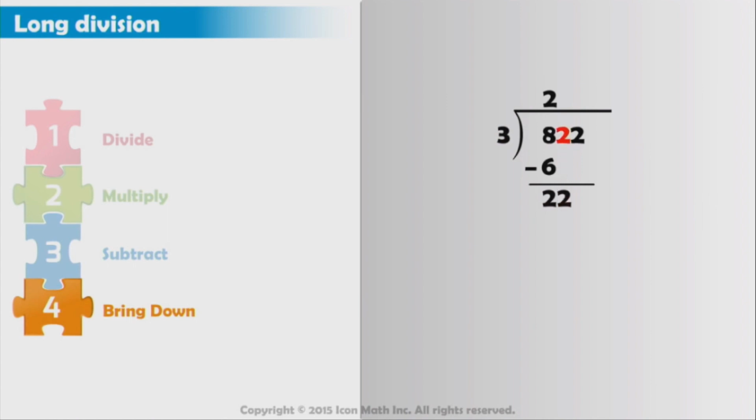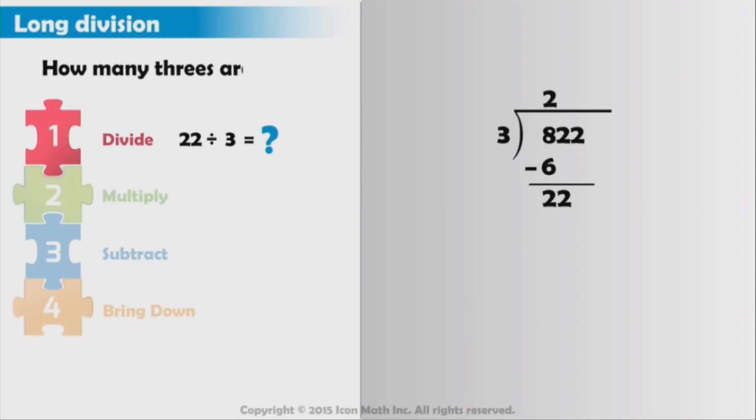Bring down the 2. So now we have 22, and we use it as the new dividend. We repeat the 4 steps again. Divide, multiply, subtract, and bring down. So next we look at 22 divided by 3.